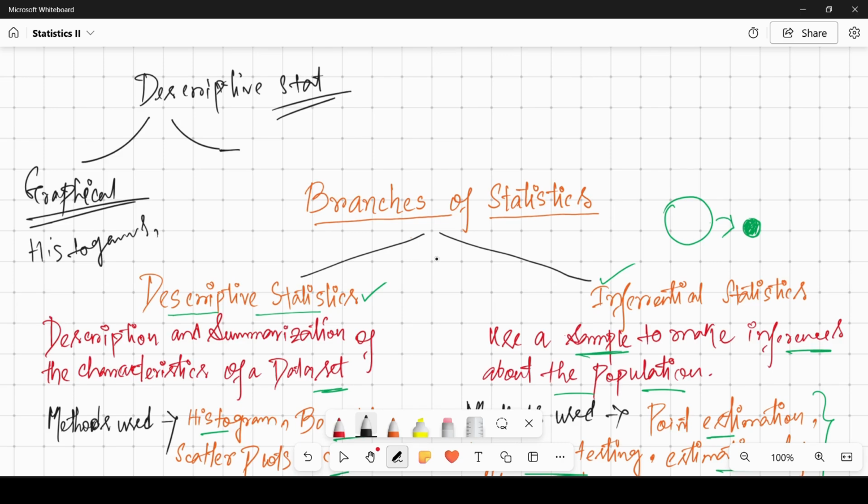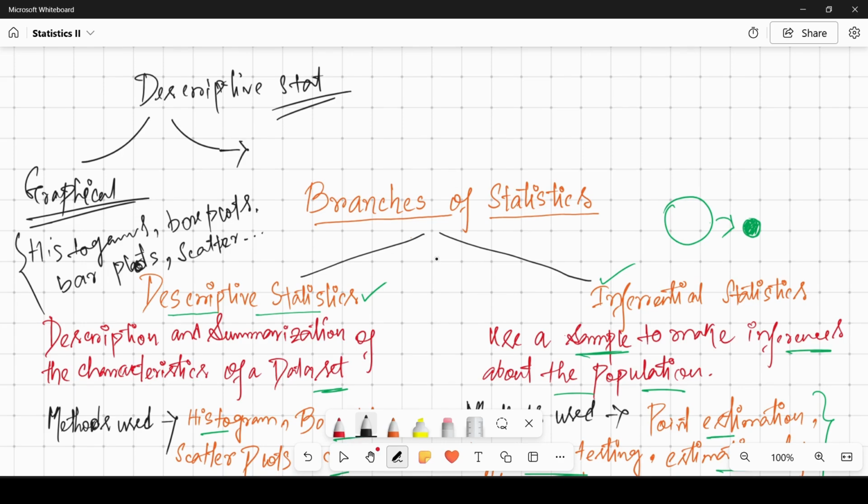There can be box plots, there can be bar plots also, say scatter plots, pie charts, such kinds of graphical representations.